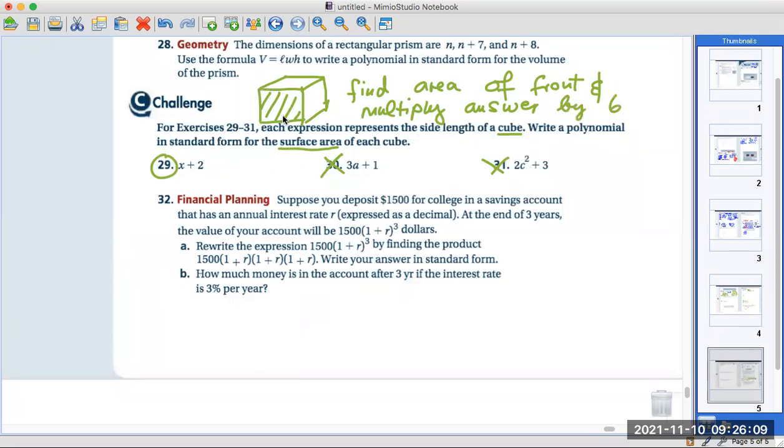Side length is x plus 2. So if you have the front, with a side length of x plus 2, and this is x plus 2 because it's a cube, you need to multiply these two. And then you multiply your answer by 6 because you have 6 identical side faces and it's the surface area. Okay, pause the video.